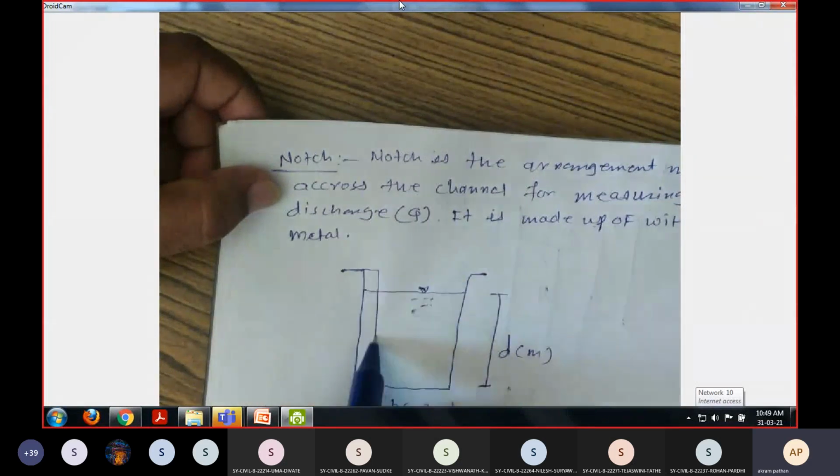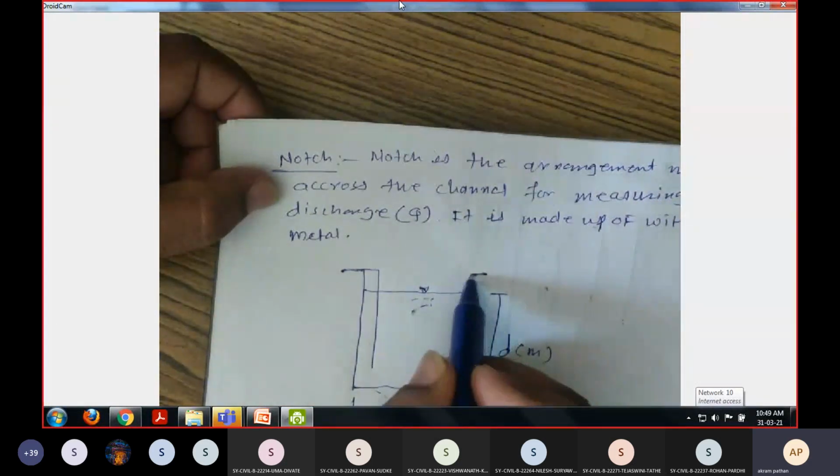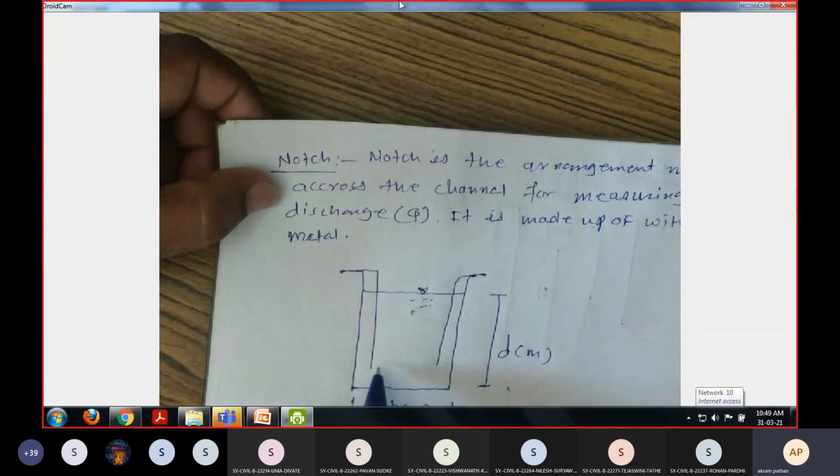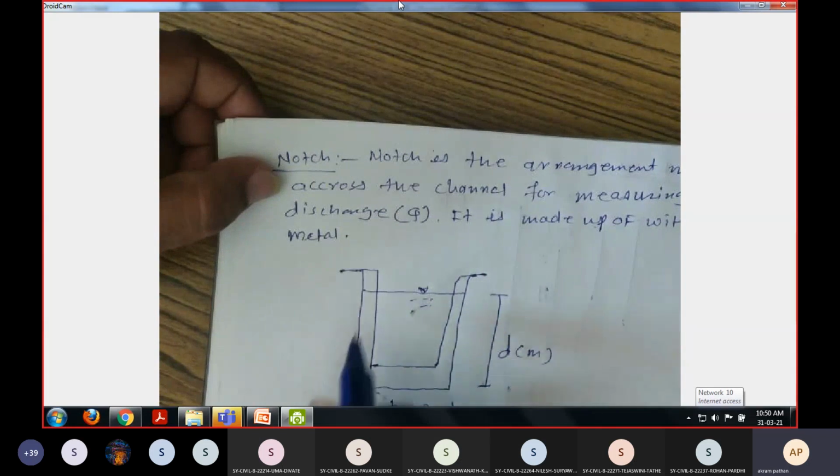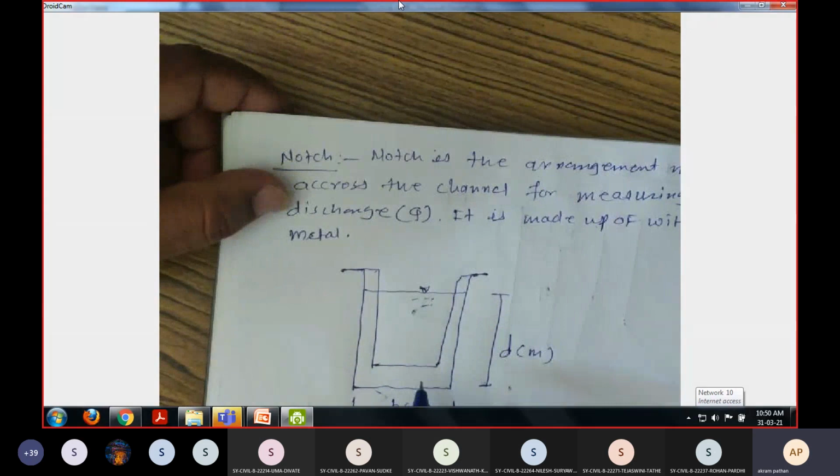So I am going to attach a notch here. See here, this is the notch. We have to place this notch across the flow, at an angle of 90 degrees.